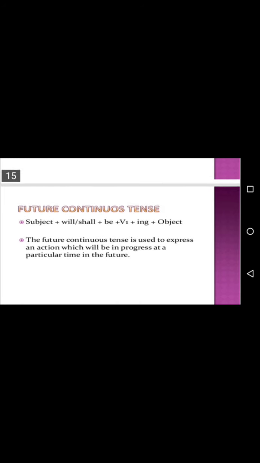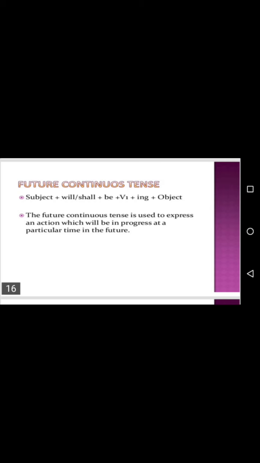Next one is future continuous tense, and here we are talking about an action which will be taking place in continuity in future, right? So what is the formation of the sentence? Subject plus will or shall plus be. This is very important, right? Plus, as you all know, V1 plus ing plus object.